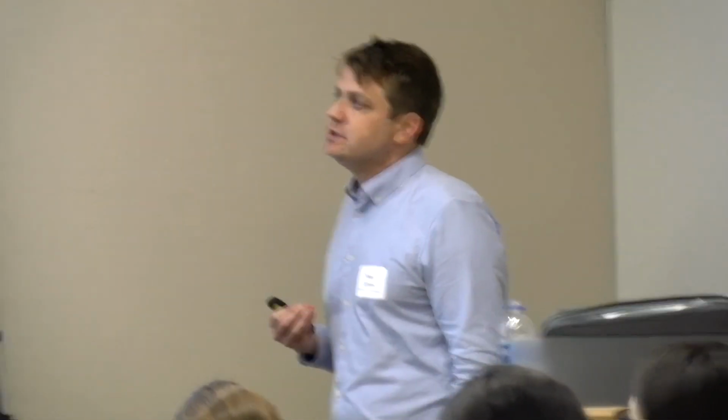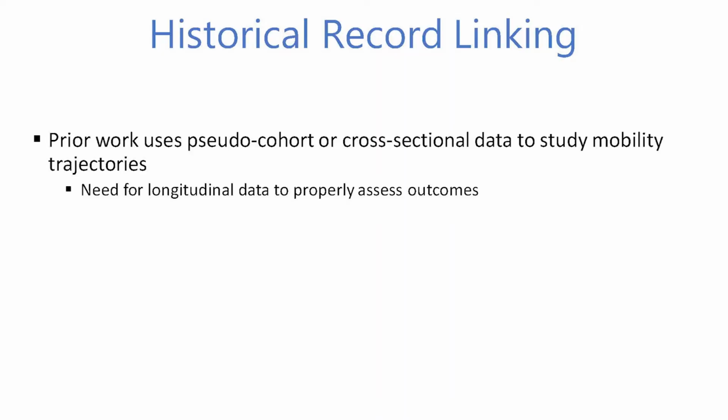But the prior research has used pseudo-cohort methods to study mobility, or has looked at cross-sectional data. But we've really needed longitudinal data sets to track immigrants and their children over time, to really assess how long or whether historical immigrants ever became part of the mainstream, so to speak, right?